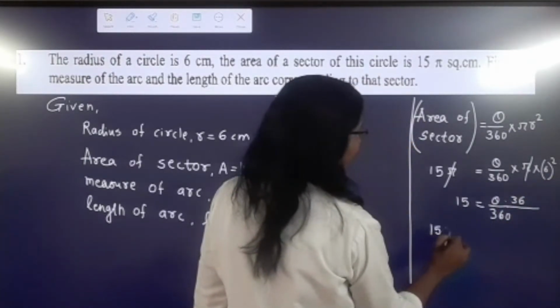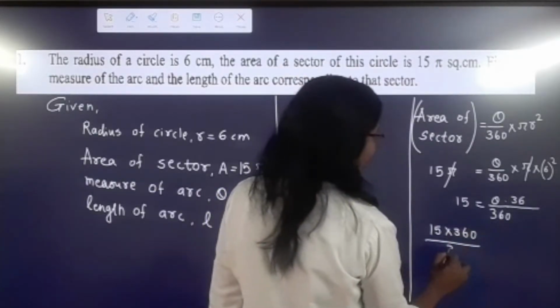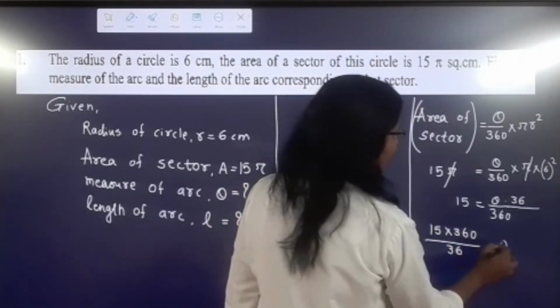So 15 multiply 360 divided by 36 is equal to theta.